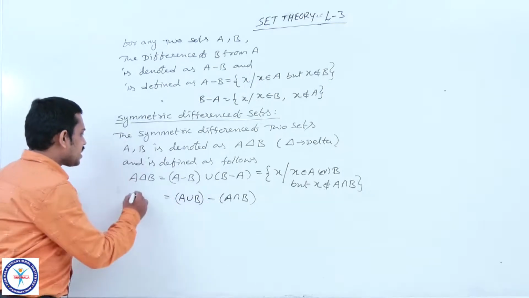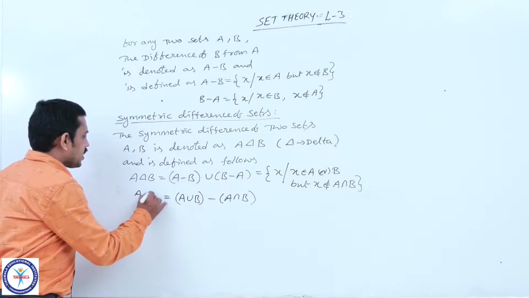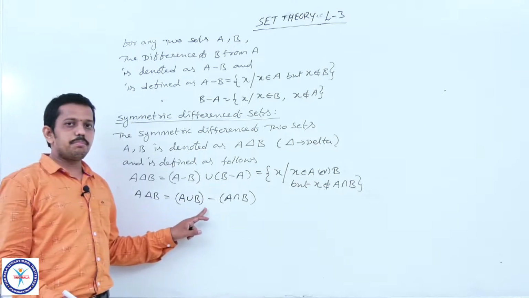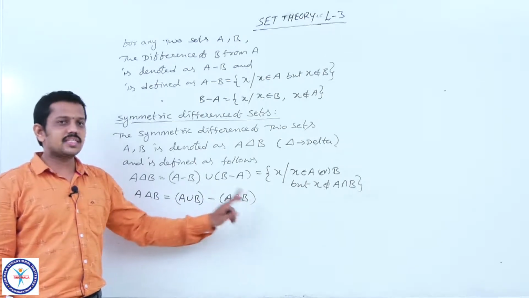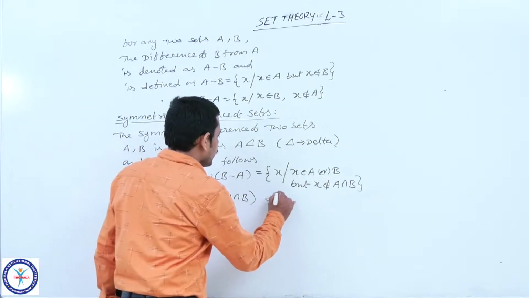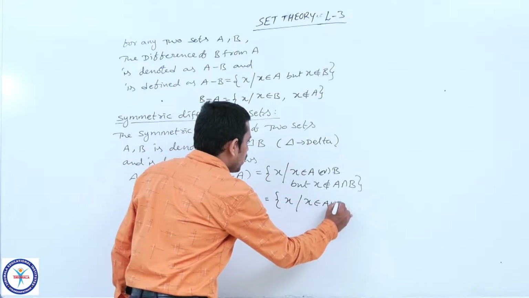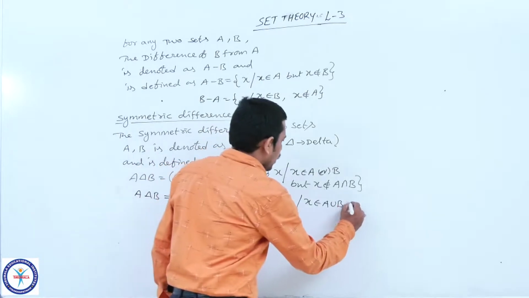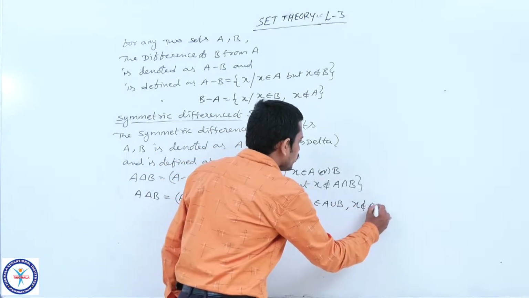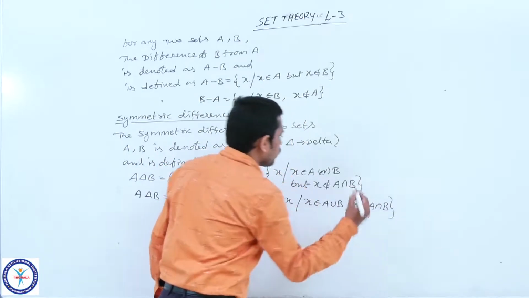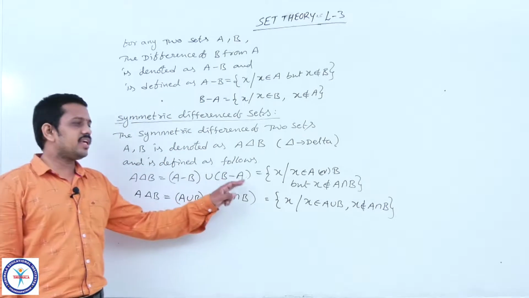Therefore A delta B can also be written as A union B minus A intersection B. That is, the set of all x such that x belongs to A union B and x does not belong to A intersection B. So we can define it in any manner.